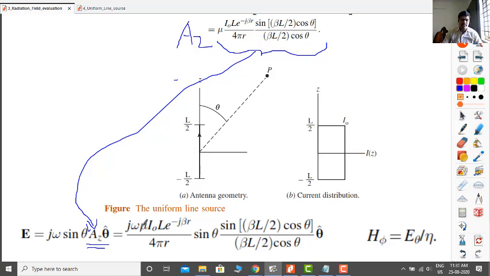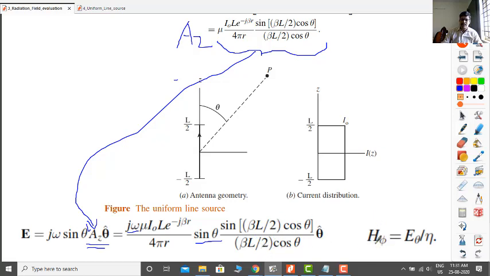Now it will become j omega sin theta times this A z, mu I naught L e raised to minus j beta r by 4 pi r, then sin x divided by x form.